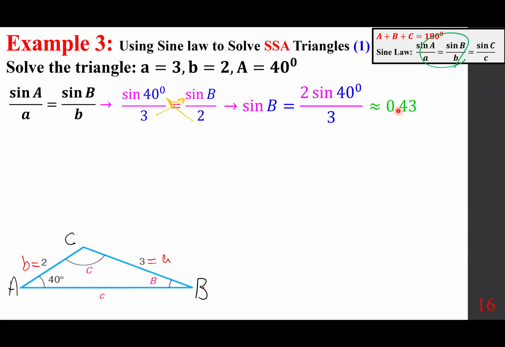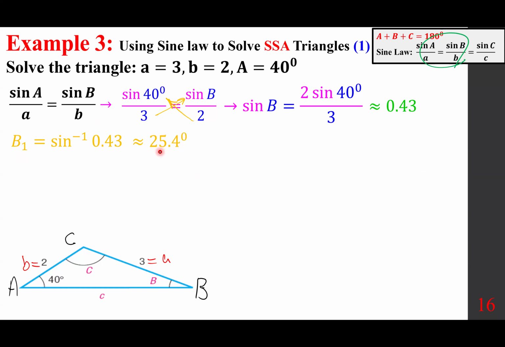B is sine inverse of 0.43. I'm going to call it B sub 1, the first possibility. When you put this into a calculator, please don't put 0.43. Put whatever you found through this process, which has many decimals. It gives you 25.4 degrees.